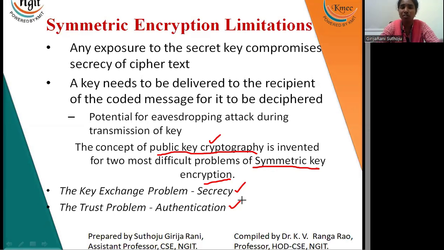So to have all this in a proper way, we are moving to public key cryptography, which is invented to address two important problems of symmetric, that is the key exchange problem and the trust problem. So we have two services, or two important goals, of asymmetric key: to provide secrecy and authentication.